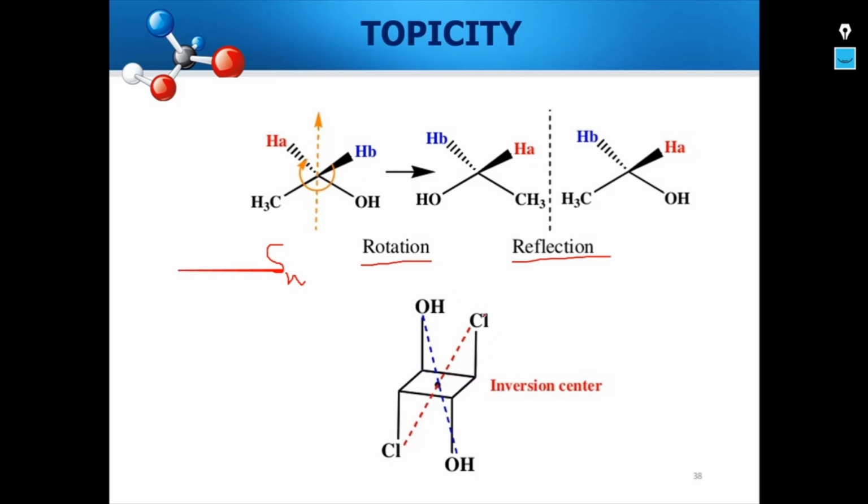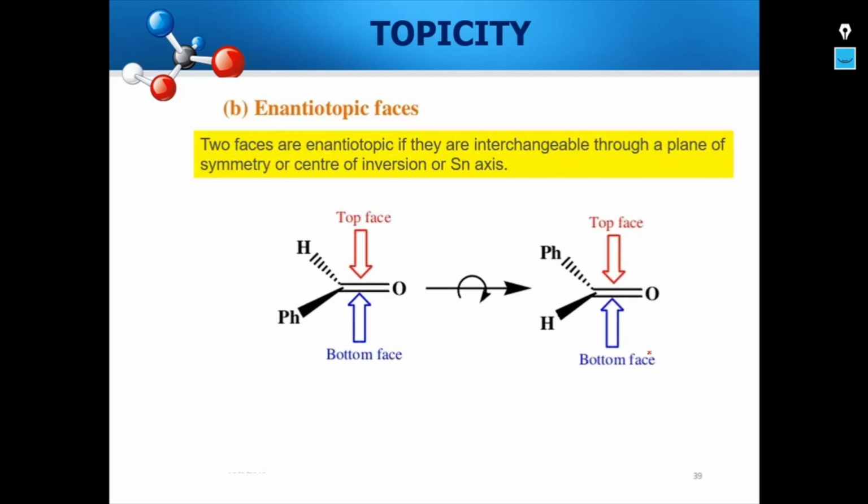And if the axis, or the line that touches these two ligands, passes through an inversion center, then this molecule is said to have ligands which are enantiotopic in nature.